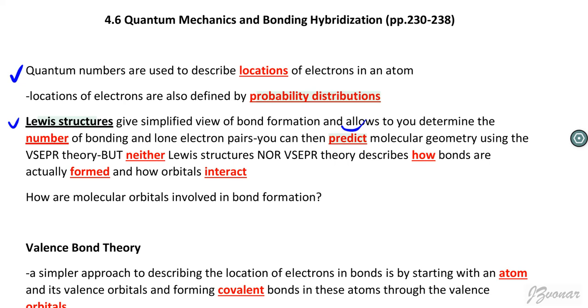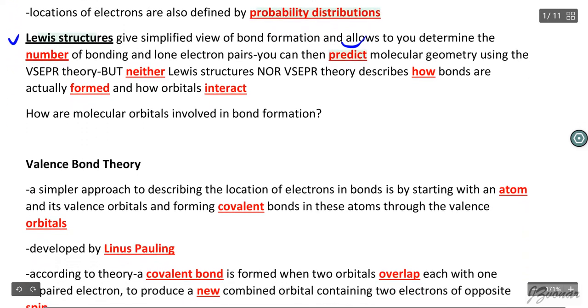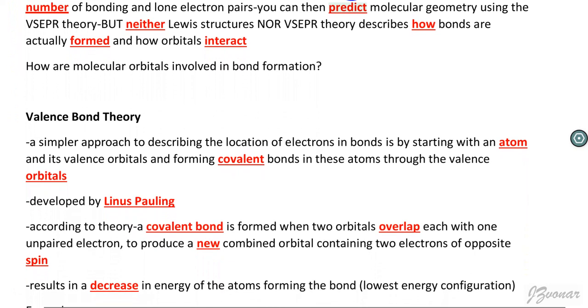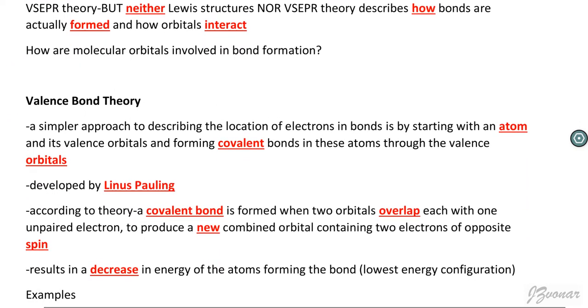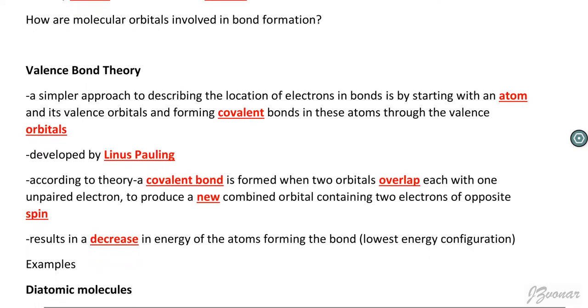But neither the Lewis structures nor our VSEPR theory actually helps to describe how the bonds form between atoms within molecules, nor does it help explain how the orbitals interact to form these bonds. And so this introduces us now to the valence bond theory, which helps to explain how orbitals are involved in bond formation.